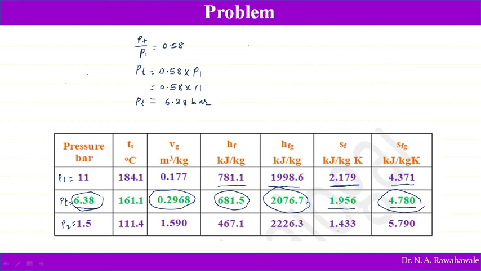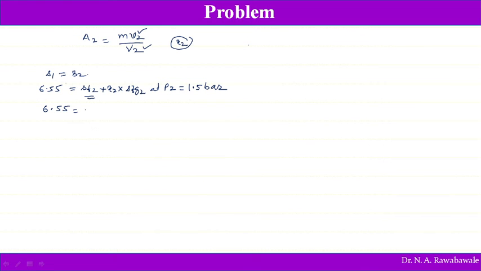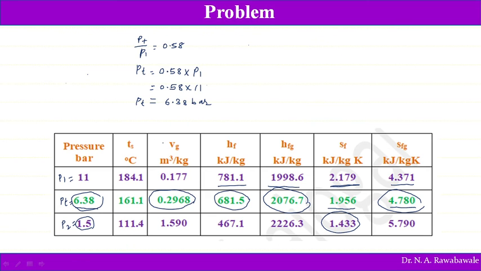SF2 at 1.5 bar, at this pressure, is 1.433, plus x2 into SFG2 at 1.5 bar. SFG2 at 1.5 bar is 5.790.